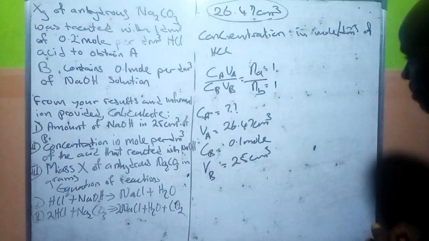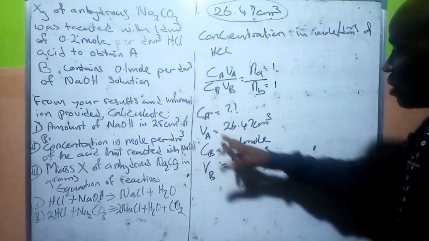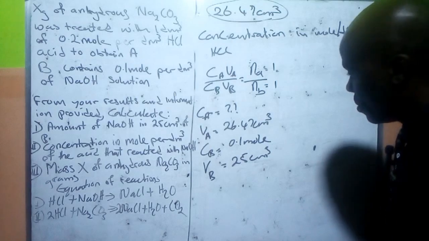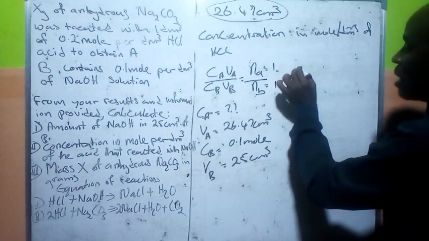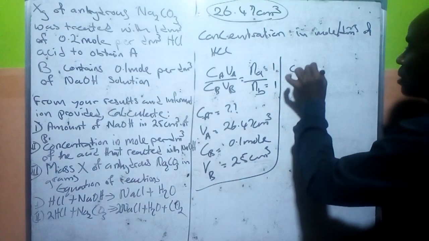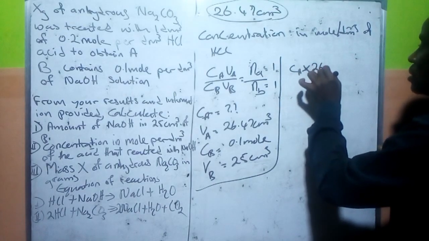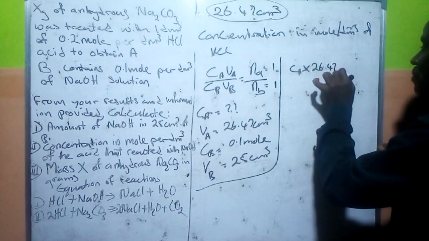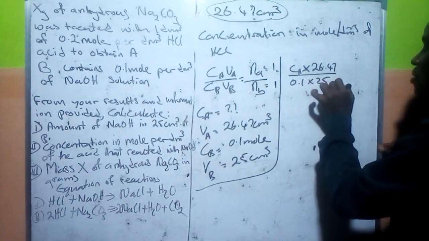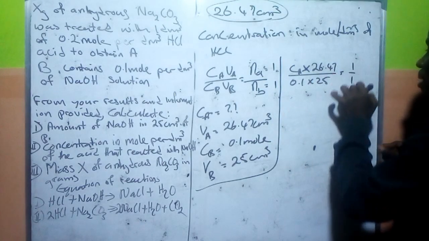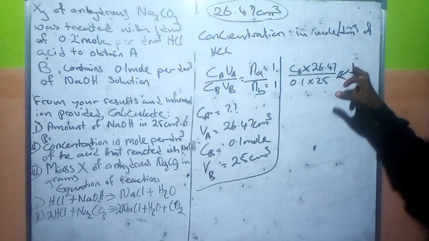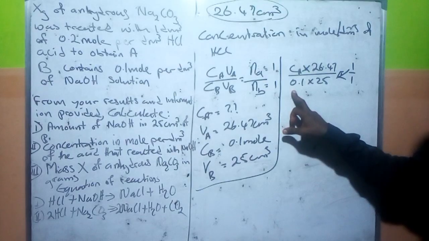So to solve this problem now, we have everything we need to get the value of this Ca. So now pay attention while we solve the problem. So we have Ca times 26.47 all over 0.1 times 25 equals 1:1. So when we cross multiply, we multiply what we have under.